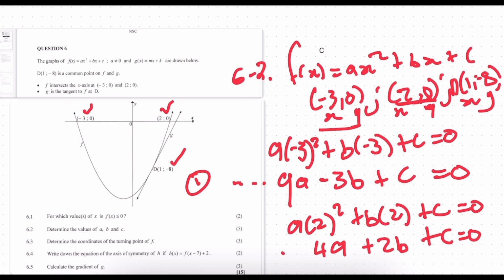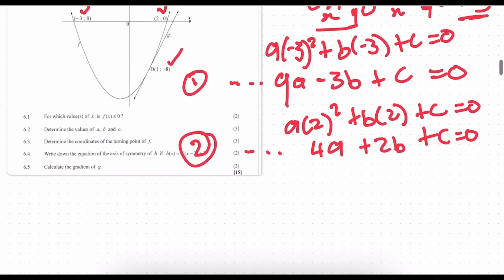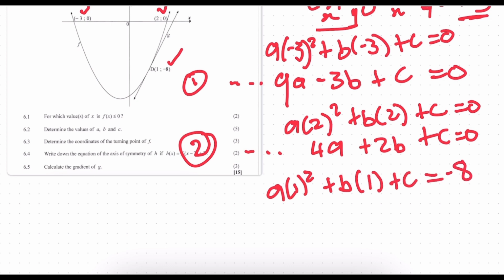Let's say this is your equation 2. Now, if you plug in the last point, point D, which is 1, minus 8, you'll have a times 1 squared plus b times 1 plus c equals minus 8.